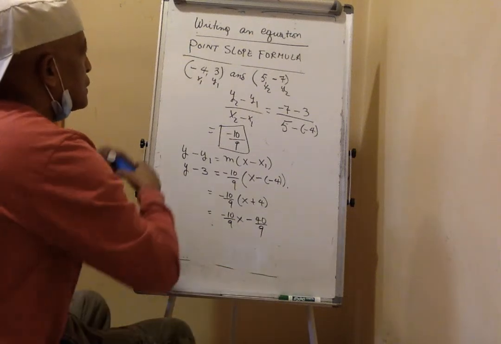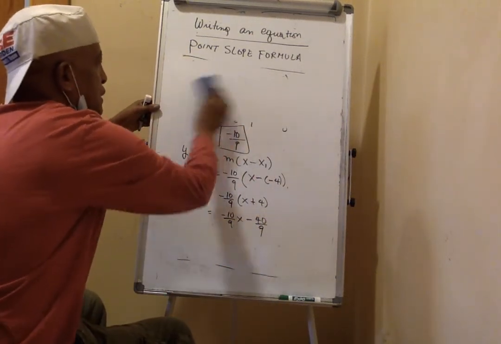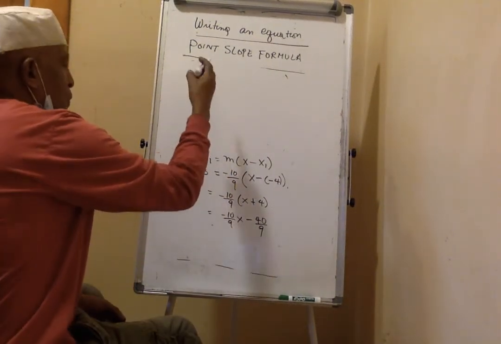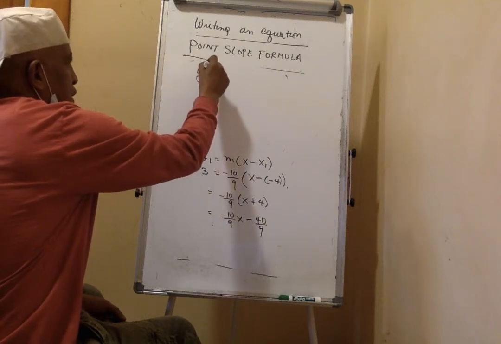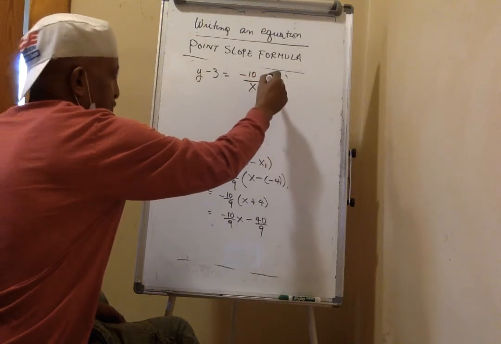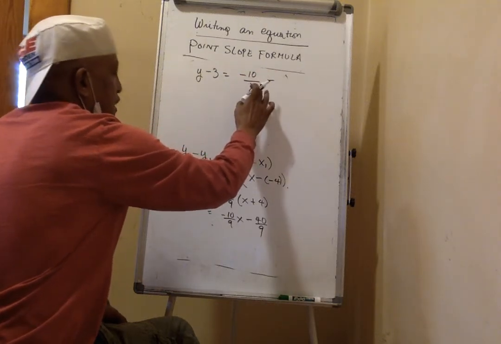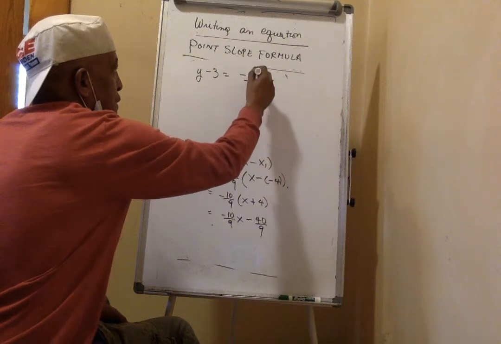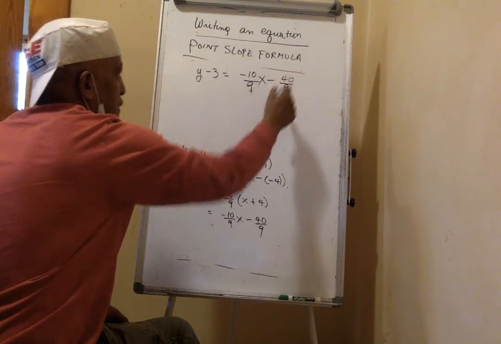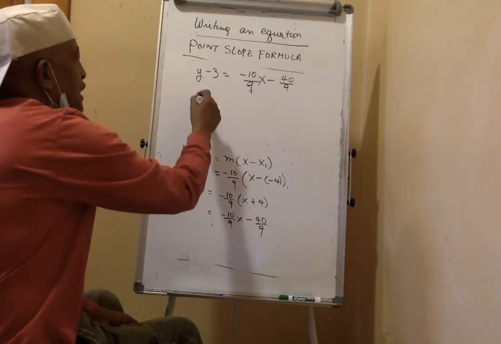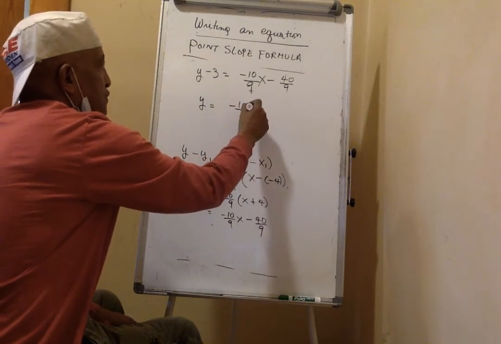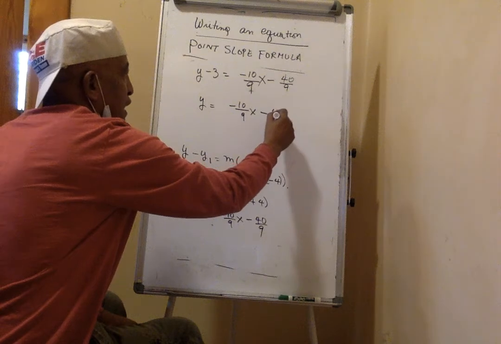So y minus 3 is equal to -10 over 9x minus 40 over 9. Move 3 to the other side, so y is equal to negative 10 over 9x minus 40 over 9 plus 3.